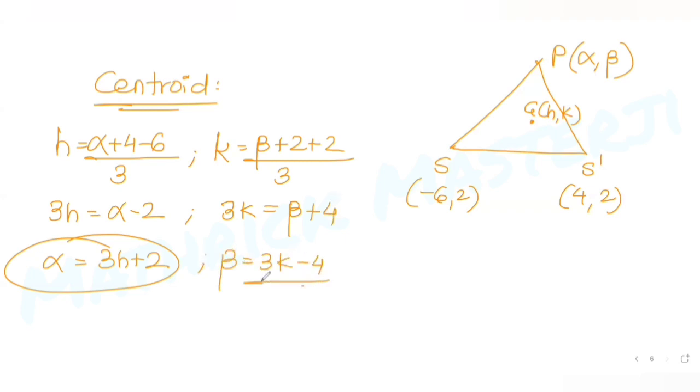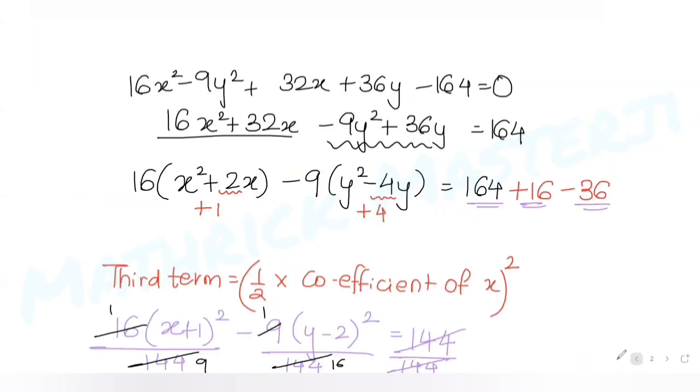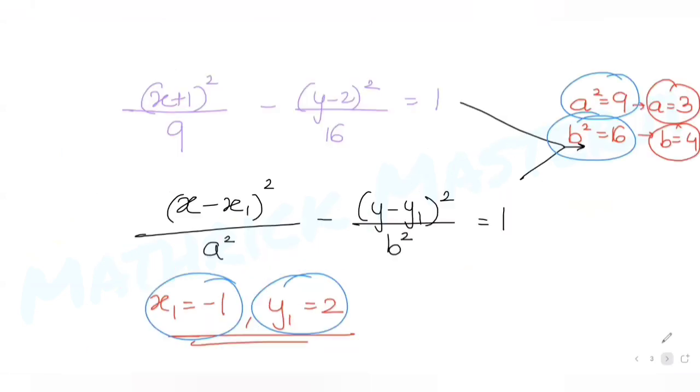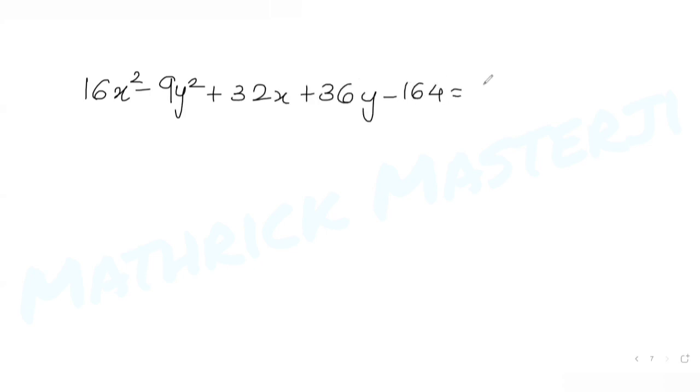So beta becomes 3k minus 4. Now we have been told that this locus of the centroid of the triangle has a point P which lies on the hyperbola. If it lies on the hyperbola, it should satisfy the equation of the hyperbola. The equation given to us is 16x squared minus 9y squared plus 32x plus 36y minus 164 equals 0.